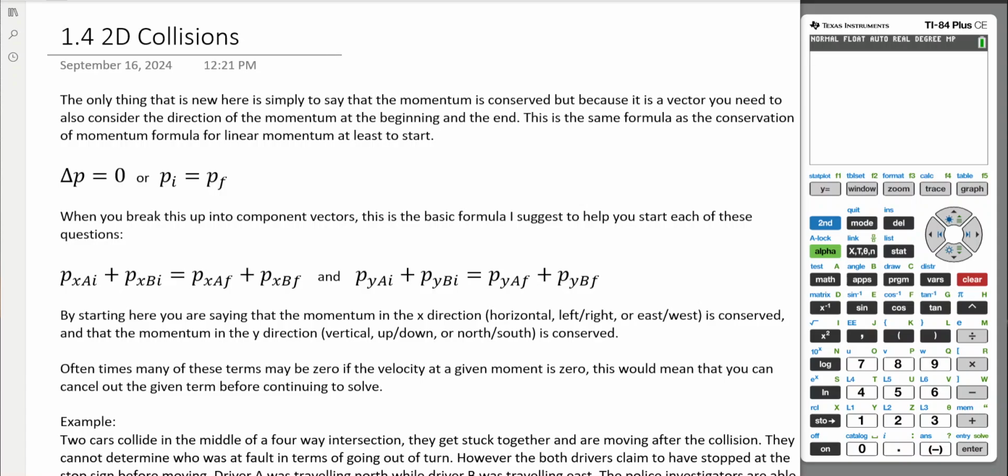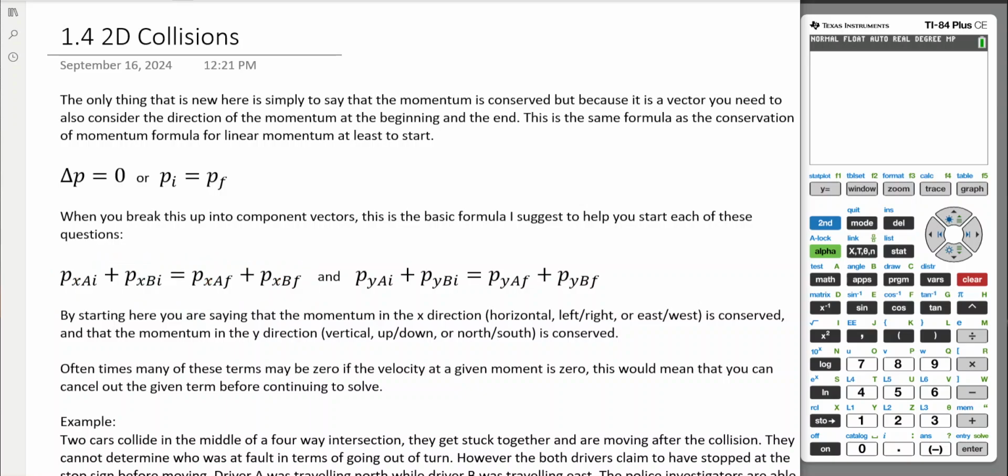But when you break this up into component vectors, I recommend that you start your equations like in the last video, where we just did this. Right, we had PAI, PBI equals PAF, PBF. That's fine, but now we're basically doing it twice.